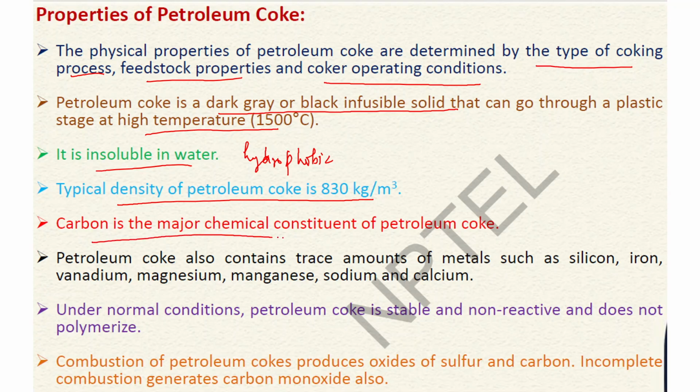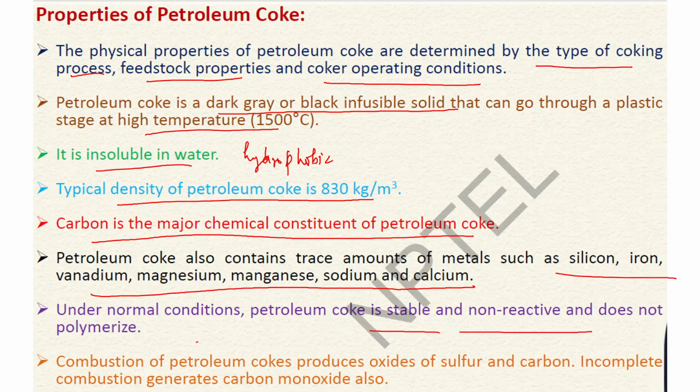Carbon is the main chemical constituent, and petroleum coke also contains minute traces of metals such as silicon, iron, vanadium, magnesium, manganese, sodium, and calcium. Under normal conditions, petroleum coke is stable and non-reactive and does not polymerize. Combustion of petroleum coke produces oxides of sulfur and carbon. Incomplete combustion sometimes generates carbon monoxide also.